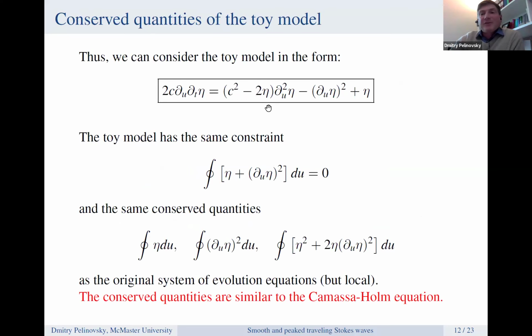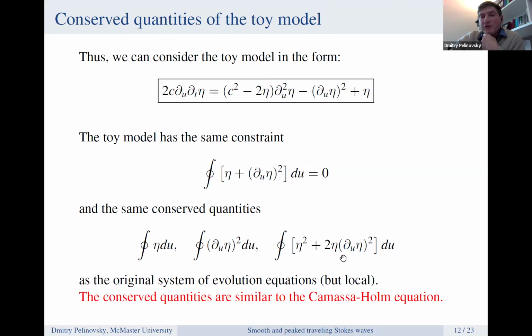So if we think about this local PDE, then it shares all the properties of the original water wave equation. It has the same constraint, which is the zero mean constraint in the original variable. Now it's expressed in terms of a local operator here. Both parts of these constraints are constants of motion. In addition, there is a Hamiltonian, which is also a constant of motion.